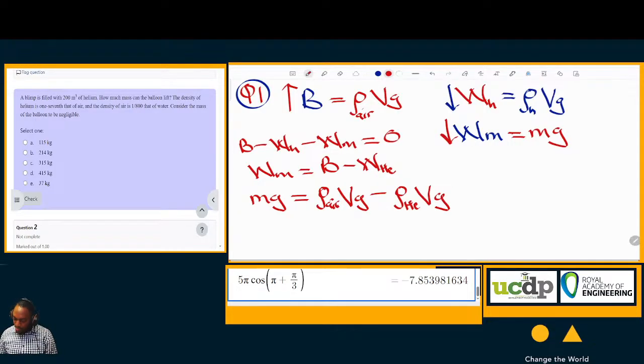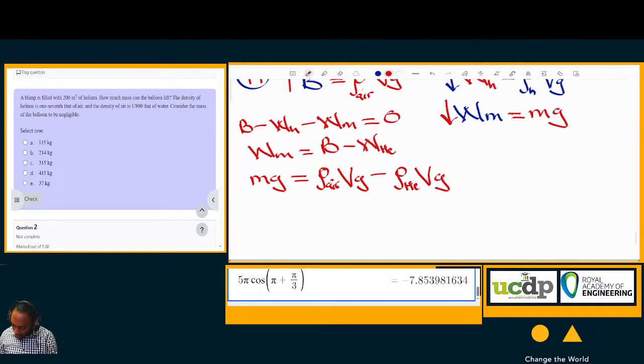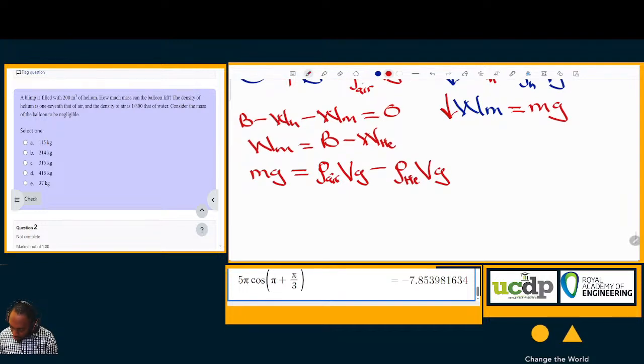The volume will be the same because the volume that the helium displaces equals the volume of the helium itself. Then you can cancel what is common. So your mass becomes the volume times the density of air minus the density of helium, factored out.